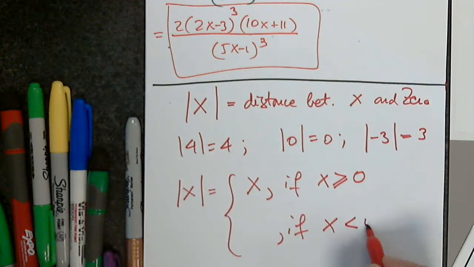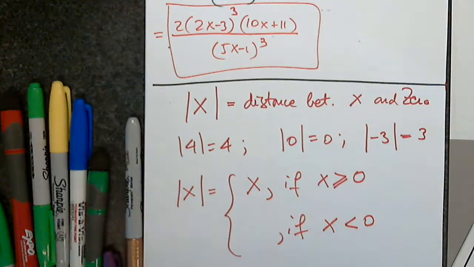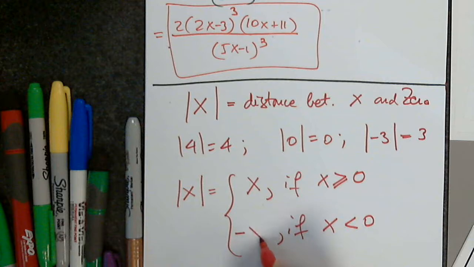Right. And now let's think. What will I replace the absolute value of a negative number with? But I don't have the number. So I have to have an expression that has x in it. It cannot be x. But what can it be? Exactly.